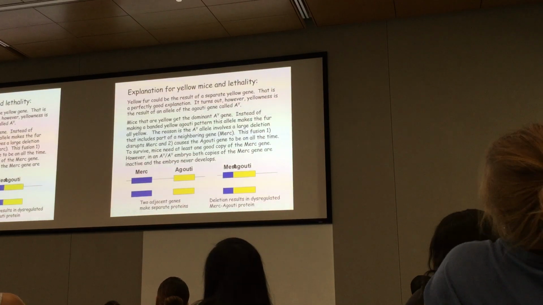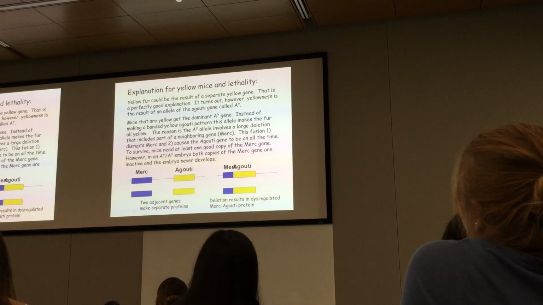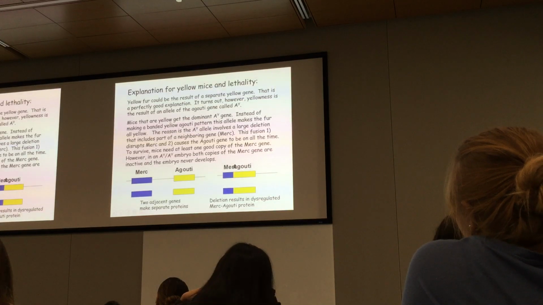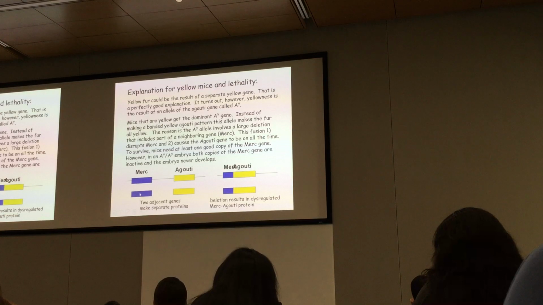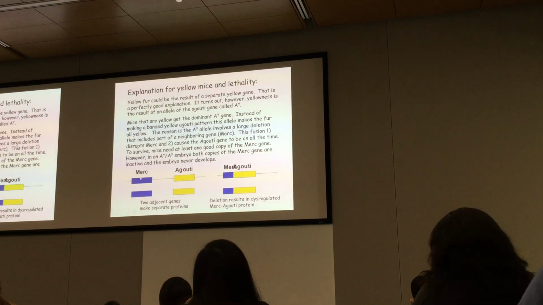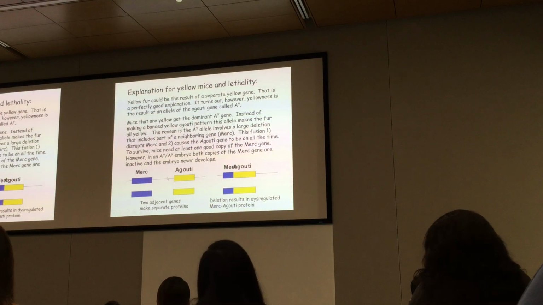Okay, so why is AY causing yellow fur, and why is AY lethal? What I have at the bottom here is a depiction of the normal genomic arrangement of genes near this agouti gene.